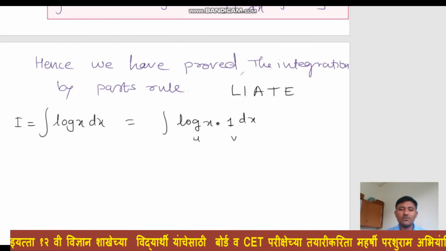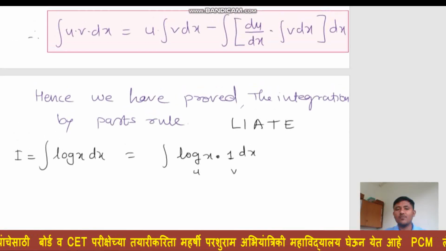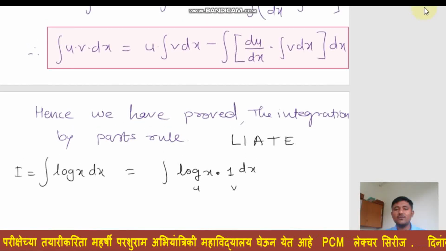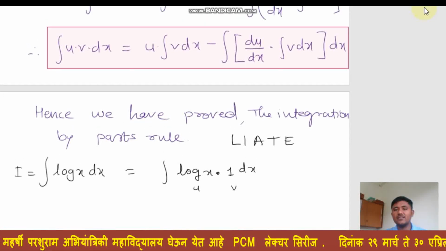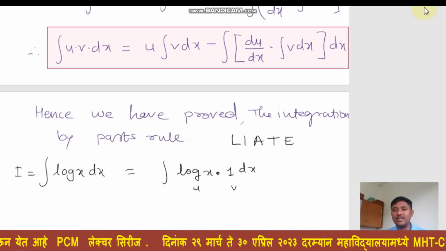So by using that rule, which is clearly mentioned here and which we have proved, u into v means u into integral of v dx minus integral of du by dx into integral v dx, into dx.